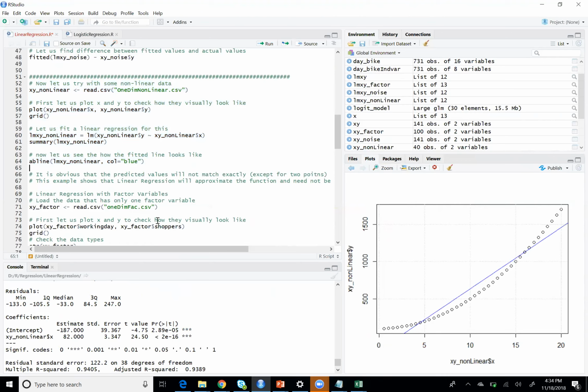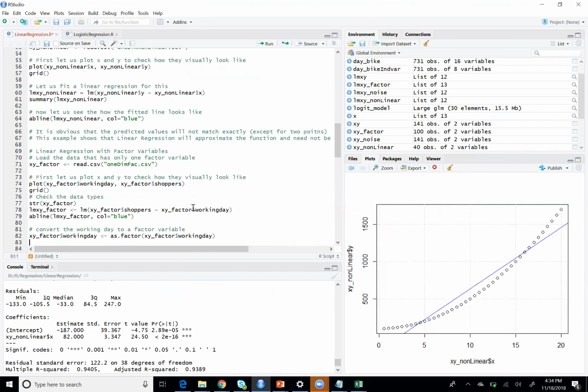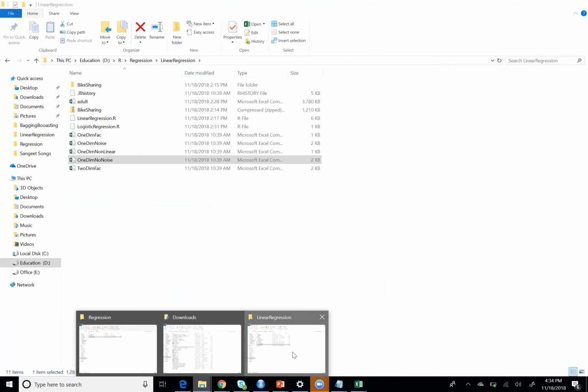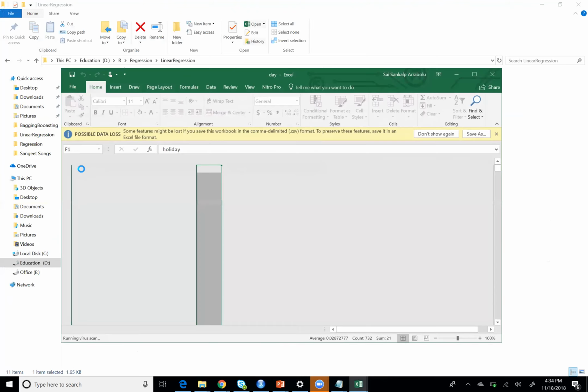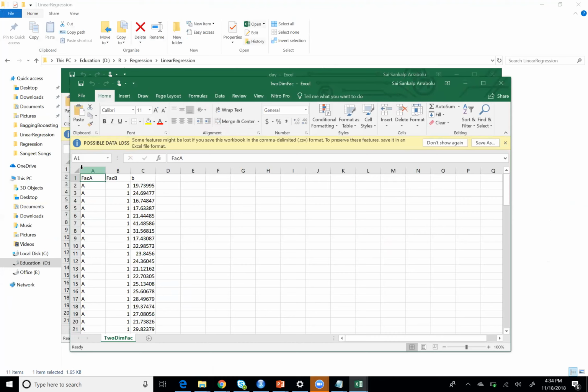Then the next thing, before going into the bike rental example, I want to show you one fit which uses only factor variables or categorical variables. If you look at this data set, it has a two-dimensional factor variable. As I told you before, factor variables are the ones which do not have continuous data.